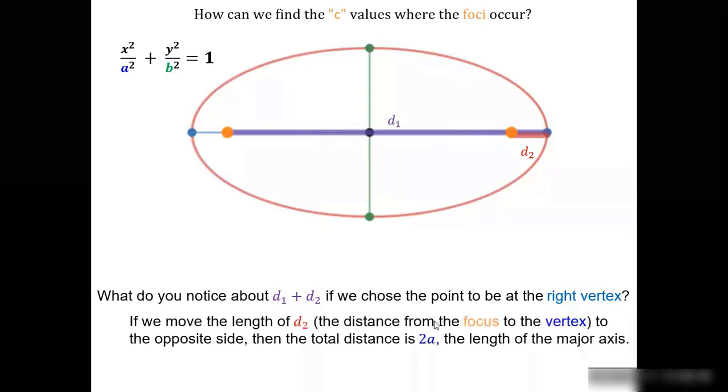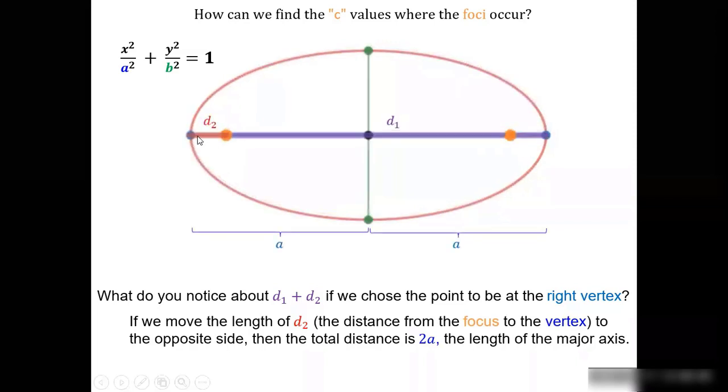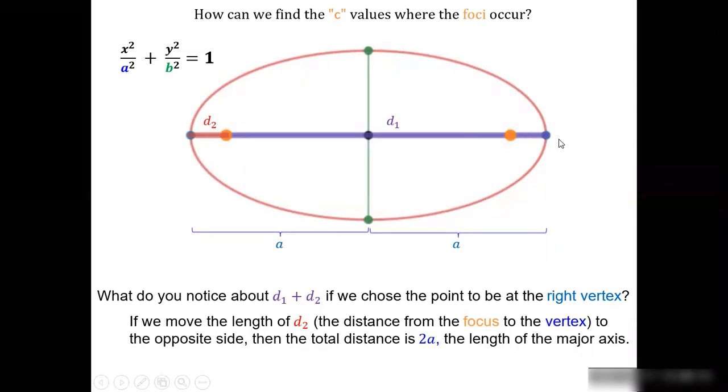So what if we were to move that distance called D2 to the opposite side over here? Notice that what we should see is that this distance is the same as this small distance on the right.